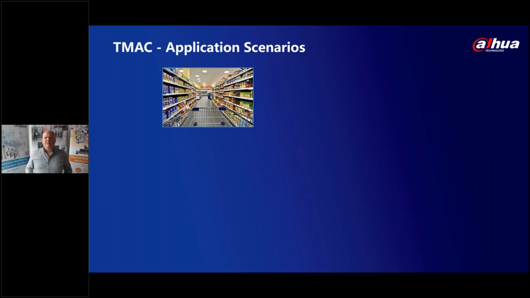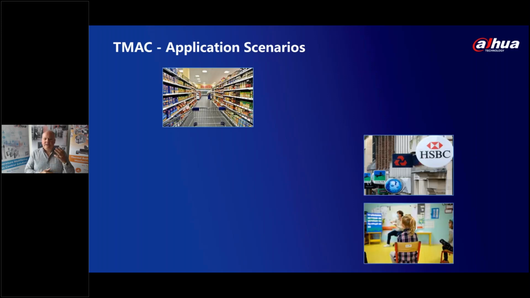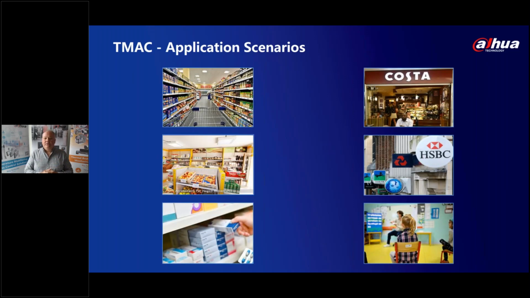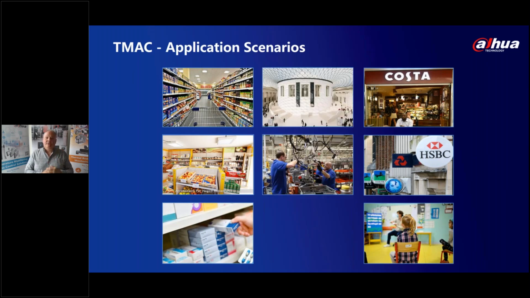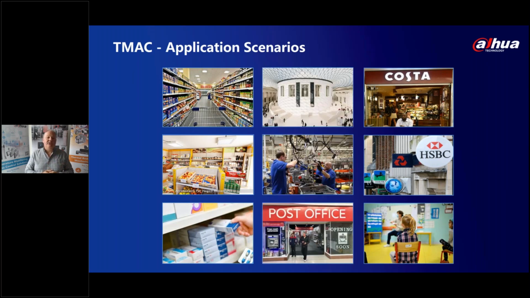So let's just think about some different scenarios. There's large retail stores, there's schools, there's banks, there's coffee shops, there's museums, there's manufacturing, there's pharmacists, post offices, metro stores, and again, education, government, there are many different applications that can benefit.